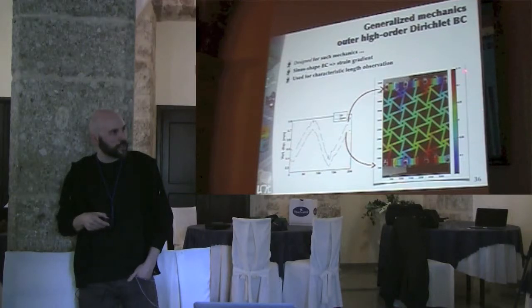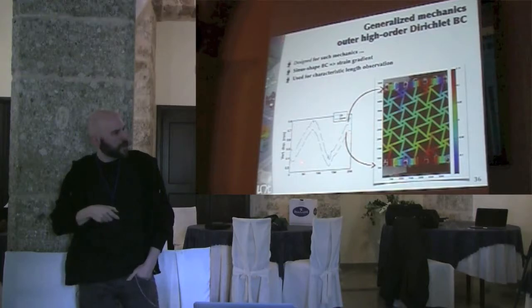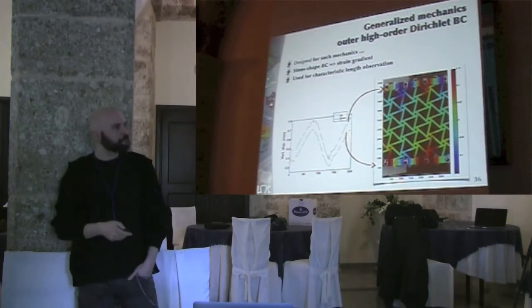Here the boundary conditions applied are more or less sinusoidal. You see the displacement of your upper and lower boundary, and you see the transition from there to the inner core, which is nearly homogeneous in fact.